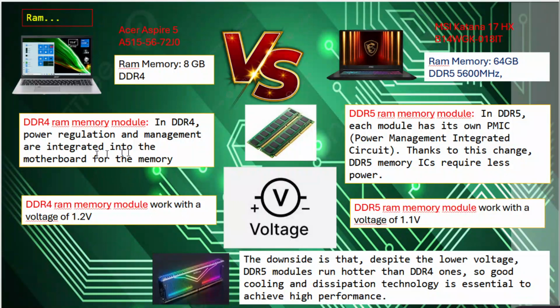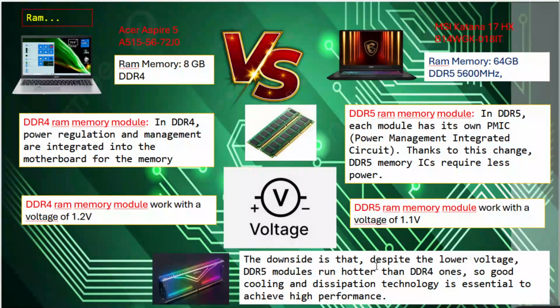In DDR4 RAM, power regulation and management are integrated into the main board for the memory. DDR4 works with a voltage of 1.2 volts. In DDR5, each module has its own power management integrated circuit. Thanks to this change, DDR5 memory requires less power and works with a voltage of 1.1 volts.